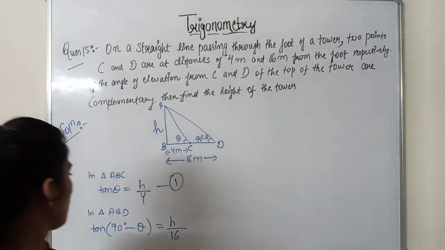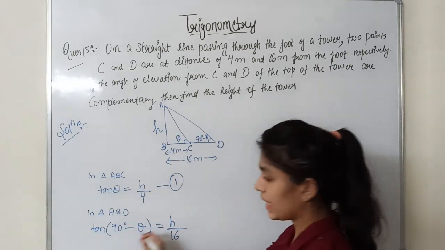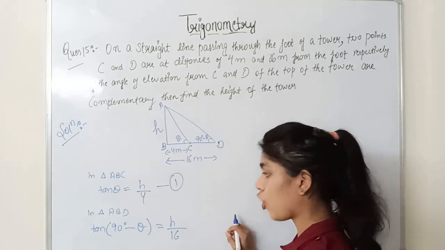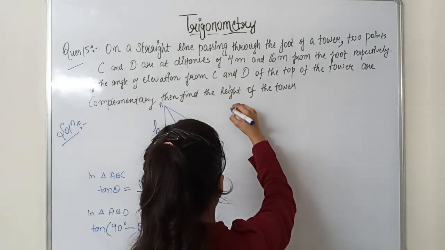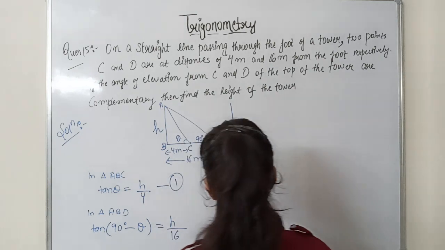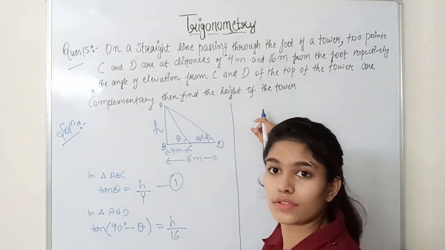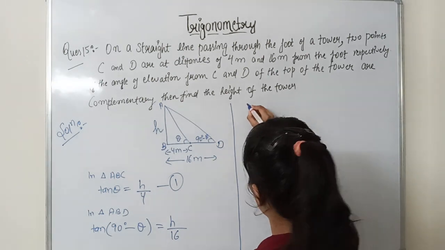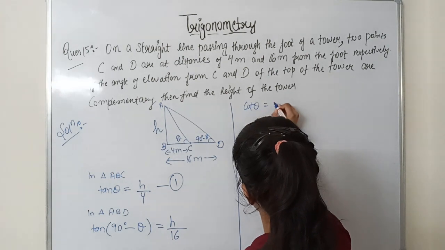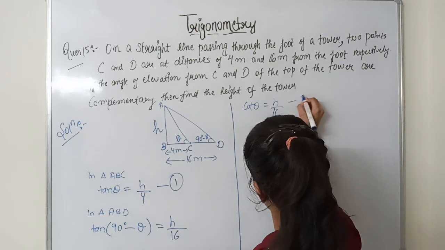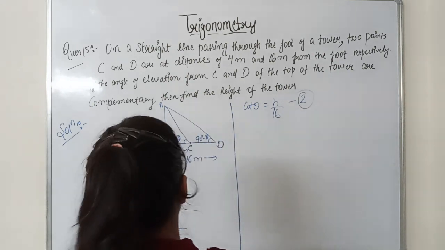Now tan 90 degree minus theta will be cot theta. Tan 90 minus theta is cot theta according to the complementary angles of trigonometric ratios. So cot theta is equal to h upon 16. This is equation 2.